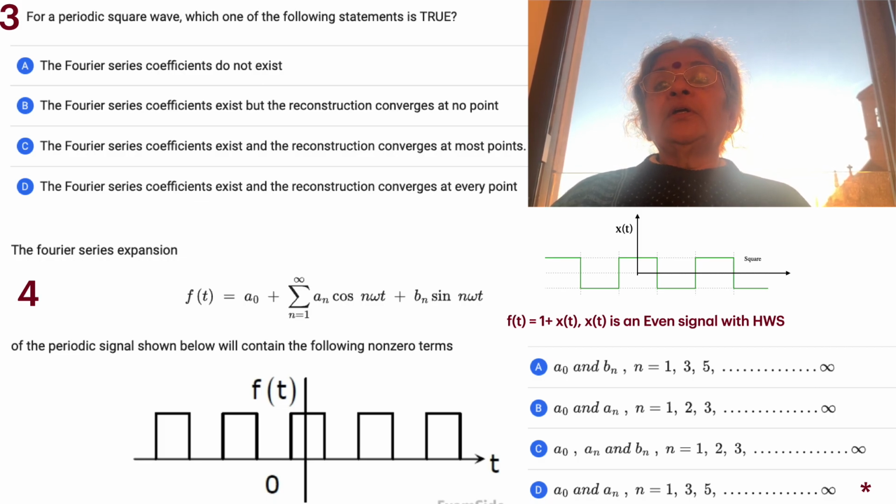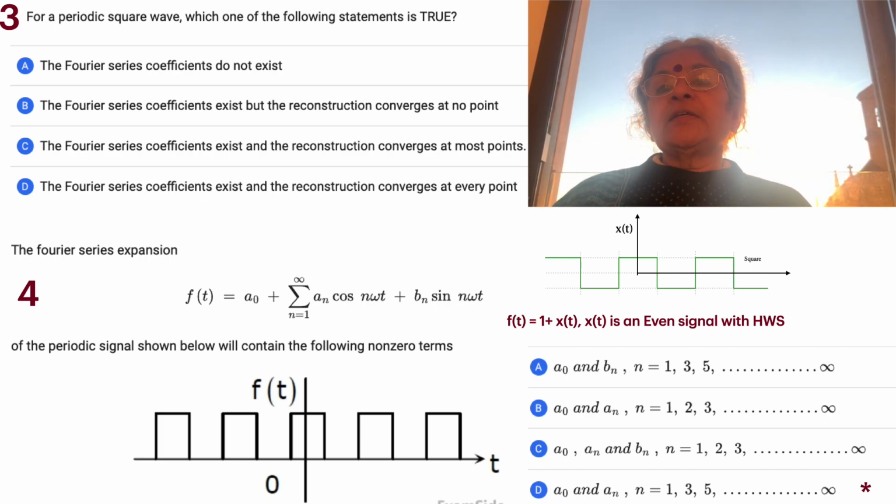Why not consider this as f(t) equal to 1 plus x(t), where x(t) is an ordinary square signal, wherein the negative portions are now going to be cancelled out using the addition of 1. When you add 1 to this, the negative parts get cancelled, so only the positive parts remain, and that will tell us what is f(t).